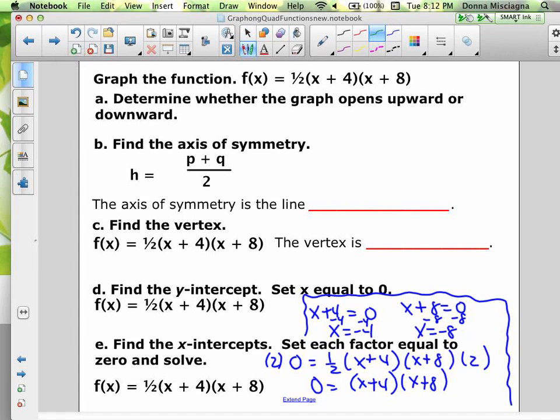Now that we know our x-intercepts, we can find our axis of symmetry and our vertex. Before we do that, let's identify the direction of our graph. There's our A. Our A is 1/2. That's a positive number. So since A is greater than 0, our graph is concave up.